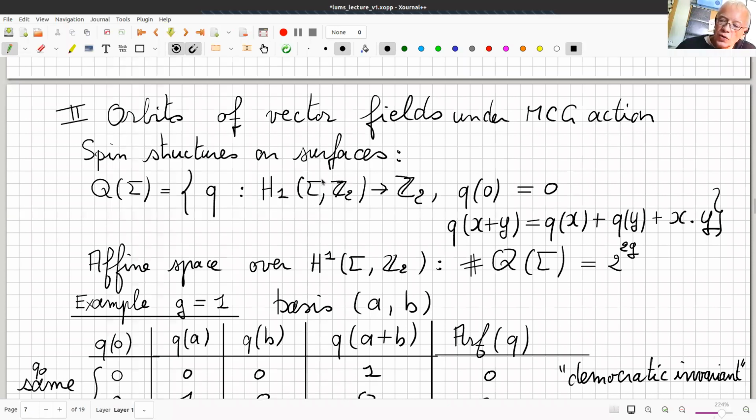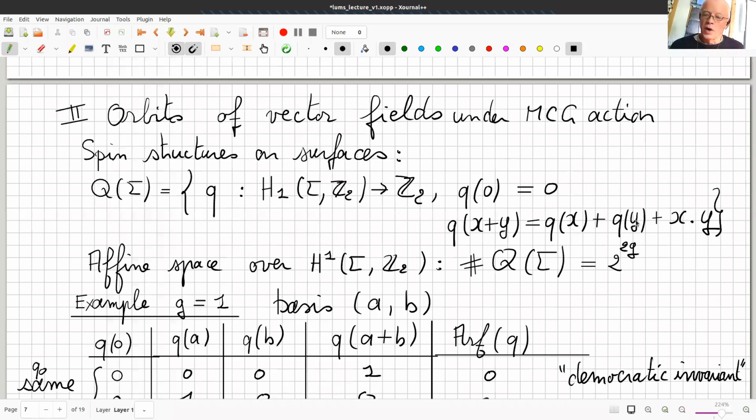And then I go to Z2, but it's not linear. It sends 0 to 0. And the defect of linearity is given by the intersection. So x dot y counts modulo 2 the number of intersection points between a curve representing x and a curve representing y.